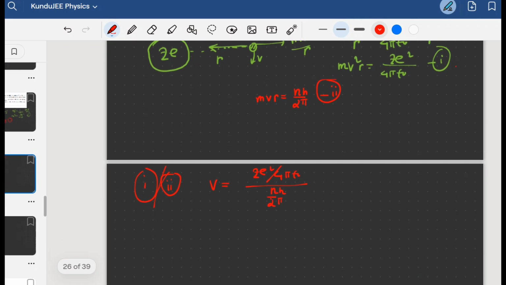So upon simplification, we'll get z e square by 2 n h epsilon naught, that is the expression of v, or the velocity.